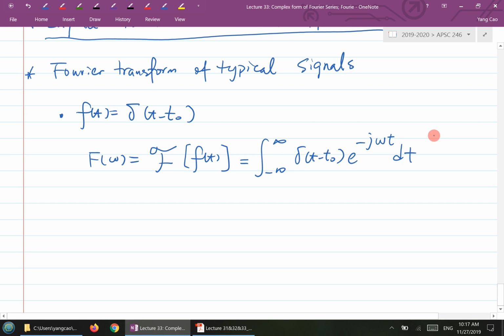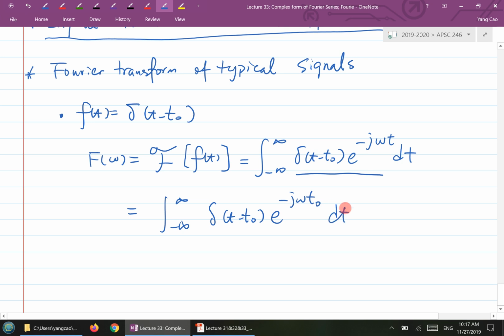Okay. So once you plug it in and you look at the integrand, we apply the property of the impulse function. Whatever function times the shifted impulse function exists only at t equal to t naught. So you can keep this as it is, but the exponential term becomes e to the power negative j omega t naught.